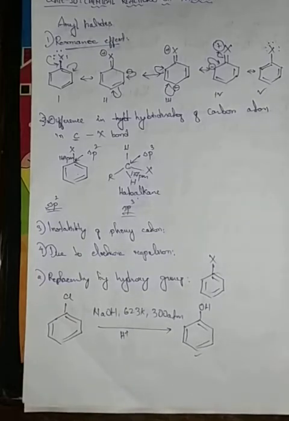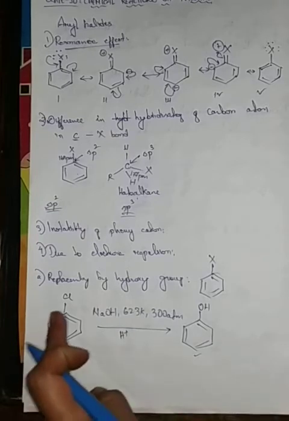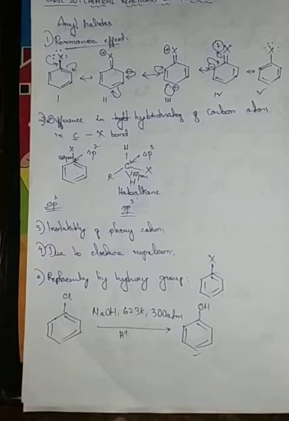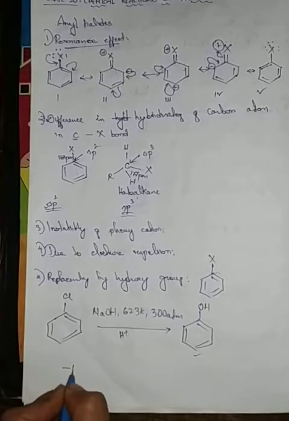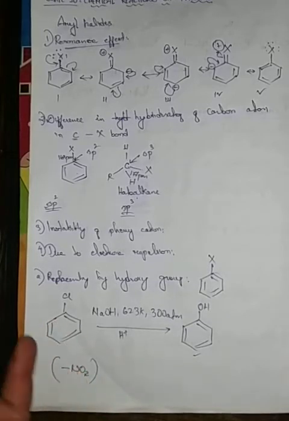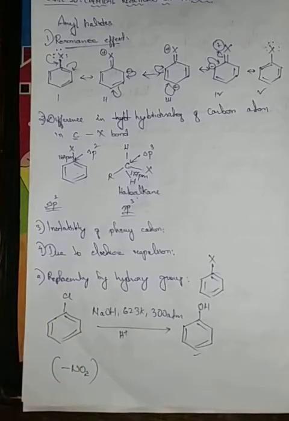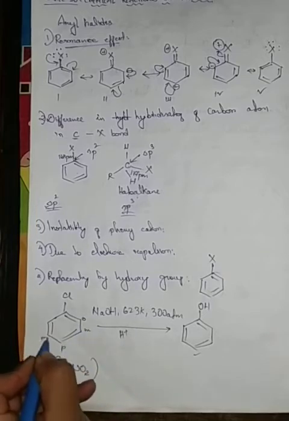Now, the presence of other substituents on the ring in haloarenes also affects the nucleophilic substitution reaction appreciably. For example, the presence of electron withdrawing groups such as NO2 at the ortho and para positions, these are ortho, meta, para, meta, ortho.